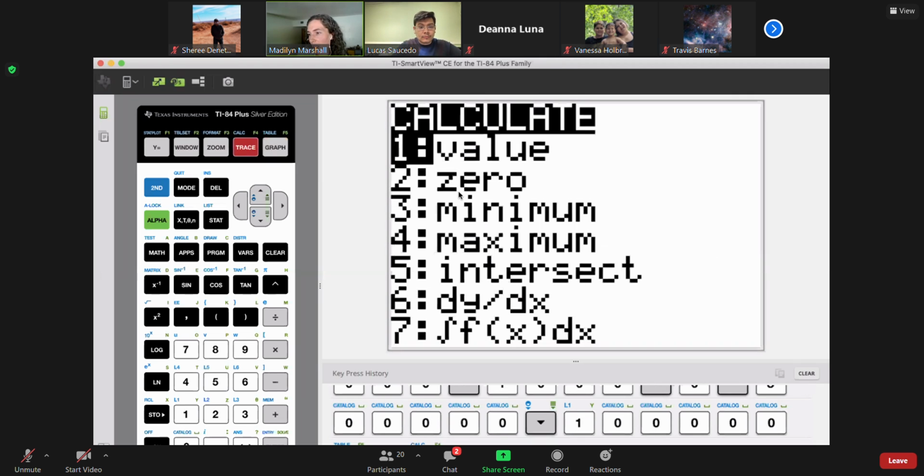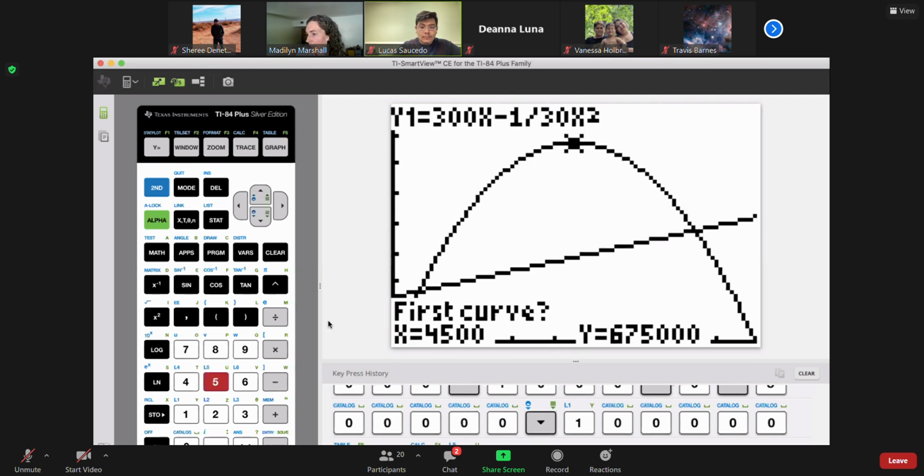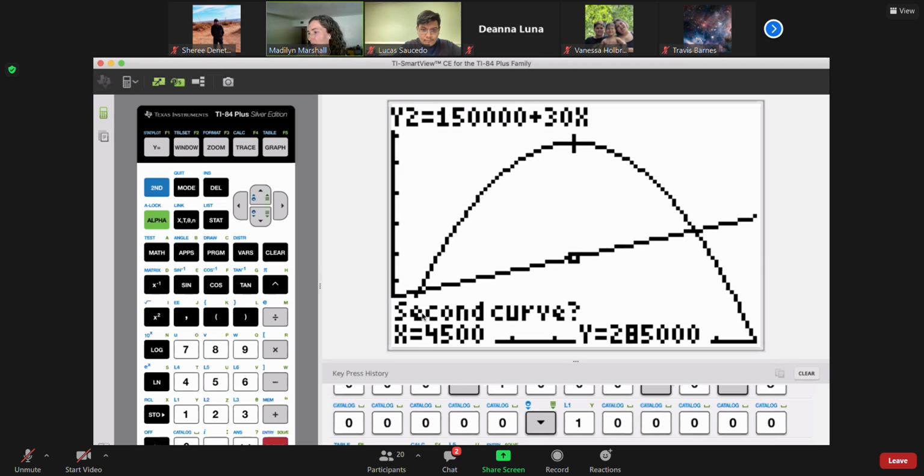If we do second trace, number 5 says intersect. If I select that, it asks for the first curve and second curve. So it wants to know which 2 graphs we want to intersect. If we had more than 2 graphs, that would matter, but here it doesn't. So I can just hit enter on the first curve and it automatically jumps to the second one. If I hit enter, enter, guess is nothing, we don't need that. And it'll go to this intersection.